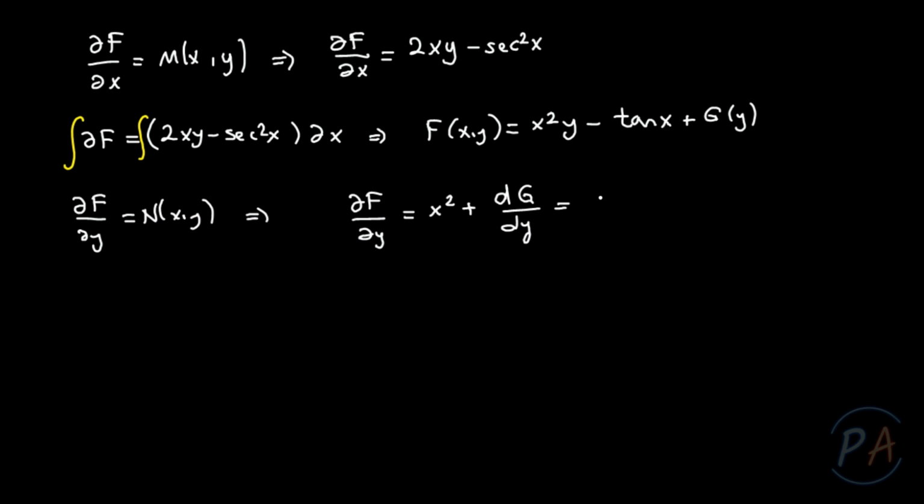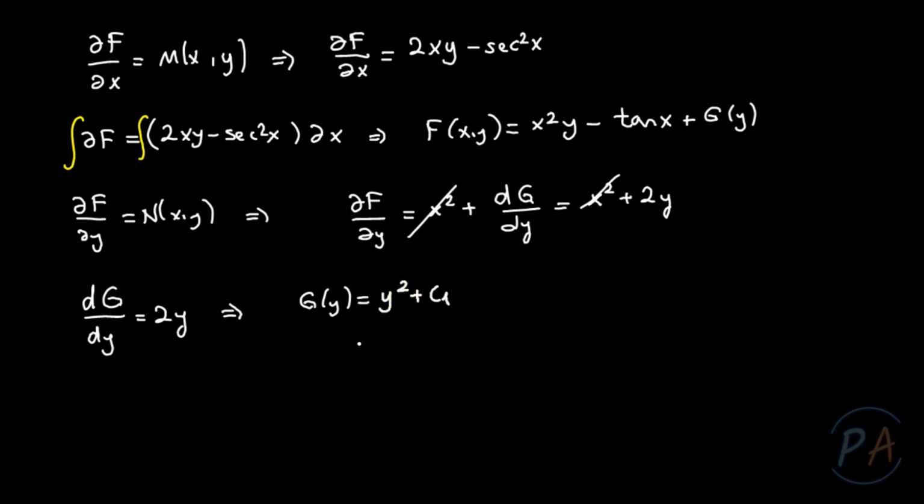I know that N(x,y) equals x² plus 2y. So by cancelling x², I find a simple differential equation, dg/dy equals 2y. And by integrating again both sides, I determine g(y) as y² plus c1.